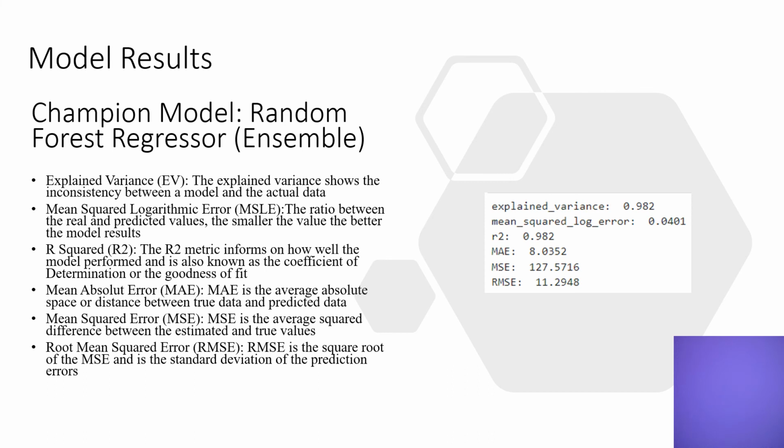Both MAE and MSE metrics work best with lower or minimal values. The RMSE is the squared root of MSE and is the standard deviation of the prediction errors. The lower the RMSE, the better the regression model. These factors are the performance metrics of a regression model.